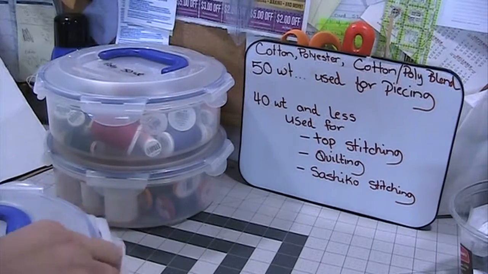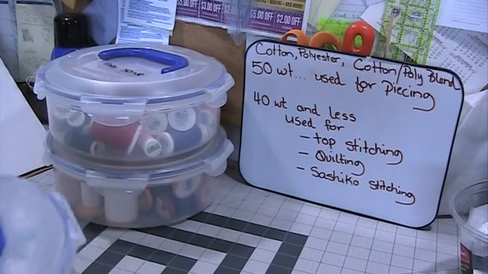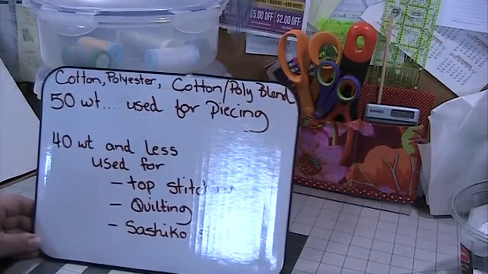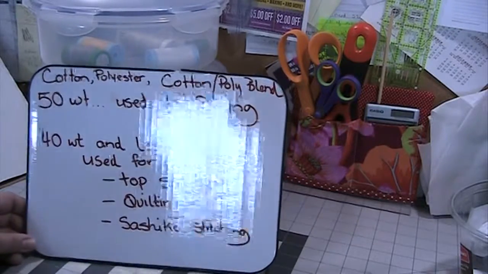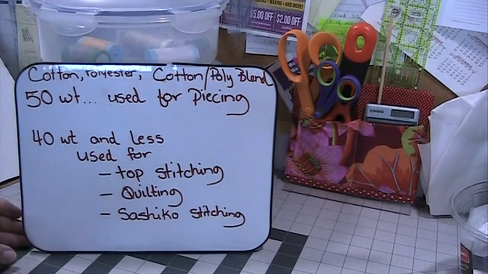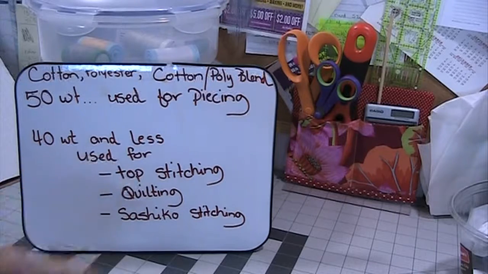Let's recap. Cotton, 100% cotton, 100% polyester, or a cotton poly 50-50 blend. 50 weight is used for piecing, 40 weight and less is used for top stitching, quilting, or something called sashiko stitching.